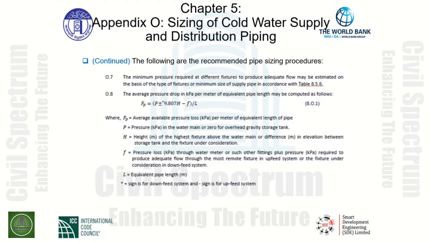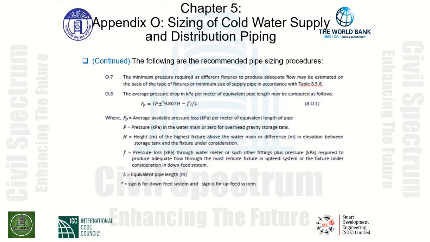equates to the quantity of pressure in the water main, or 0 for overhead gravity storage tanks. We look at the height in meters of the highest fixture above the water main, or difference in meters in elevation between the storage tank and the fixture under consideration. Again, we call this the head, or the total height of difference.